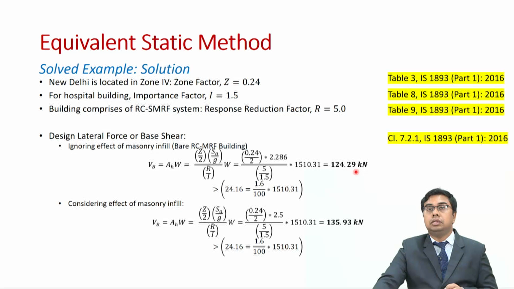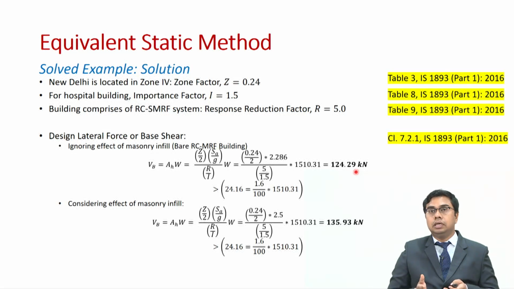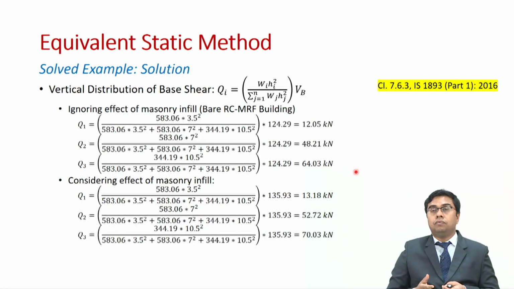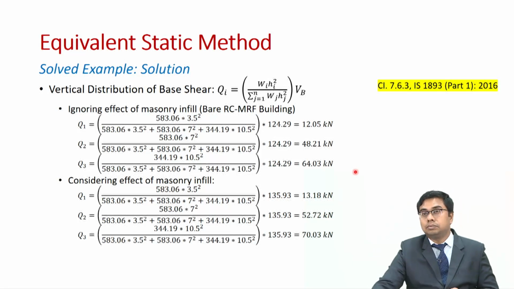Now, once we have the design lateral force or the design base shear known to us, we shall distribute it among various floors. For distributing it vertically, that is across various floors, the expression is given over here. It means that the base shear is distributed in the proportion of WH square.